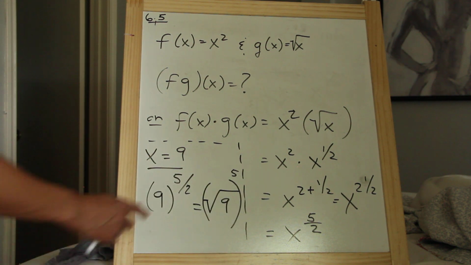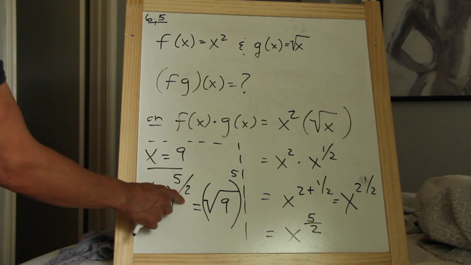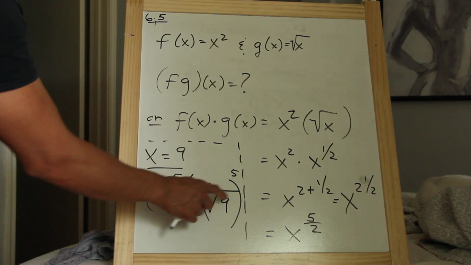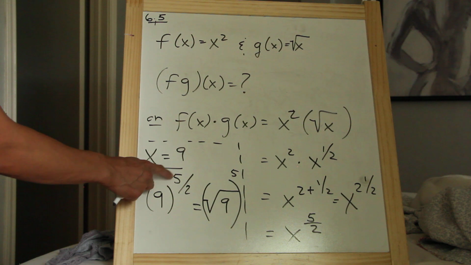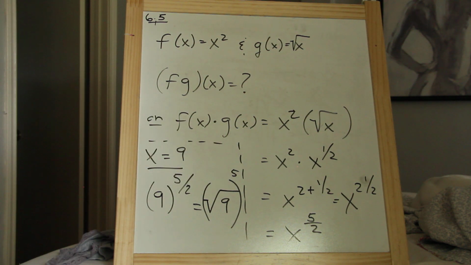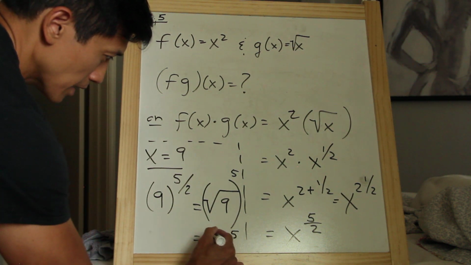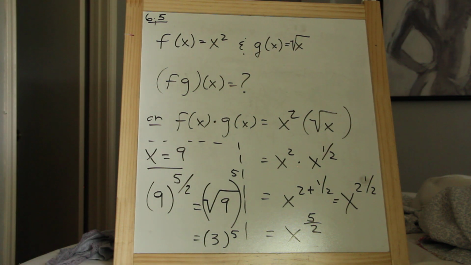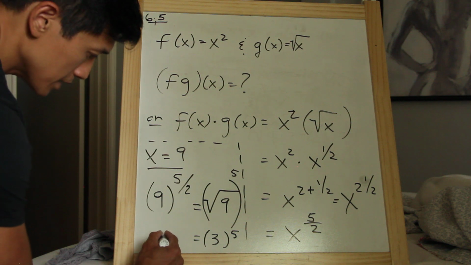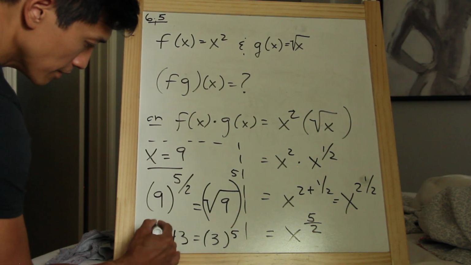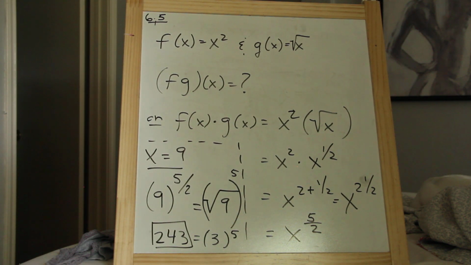So dividing by 2 is really saying the square root of 9. The 5 on top is really raising the whole thing to the 5th power. We know the square root of 9 is going to be 3, and then we raise it to the 5th power. And I believe if you look at the example problem, 3 to the 5th power is 243. So that is your answer for example number 3.